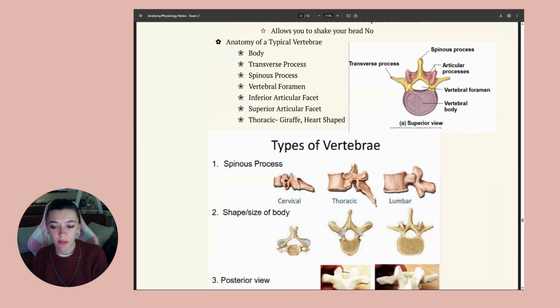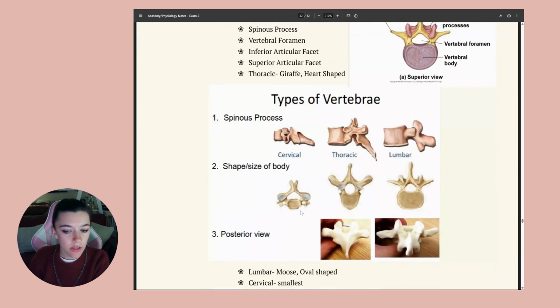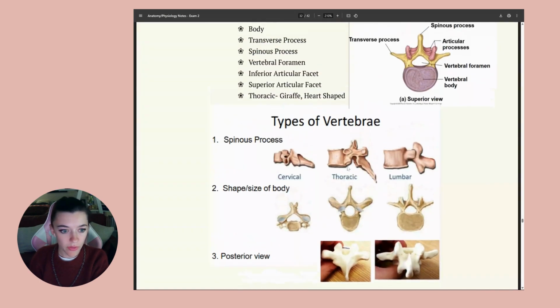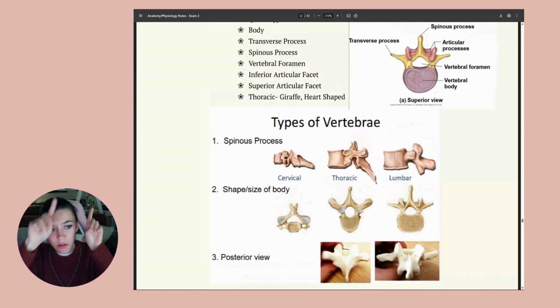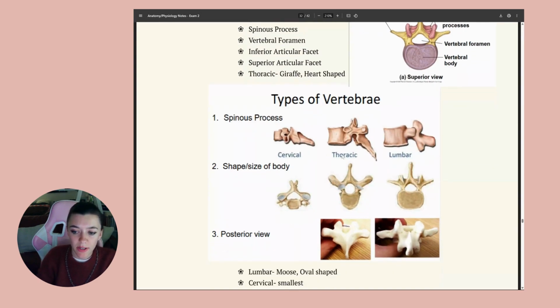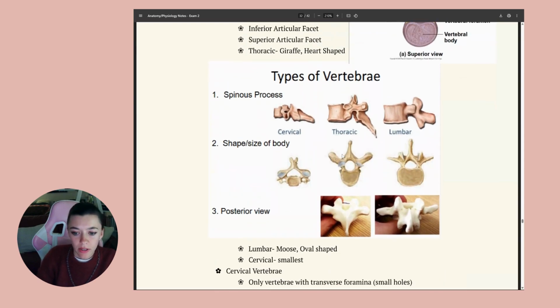So your thoracic, if you look straight at it, is going to be shaped like a giraffe. It's got the little horns, a thing at the top and things going this way. It's also heart-shaped depending on which angle you view it at. Next is the lumbar.